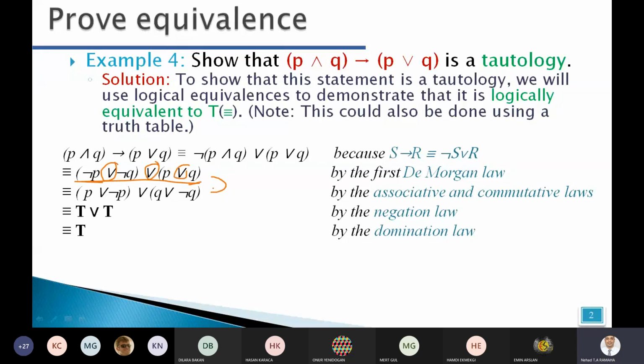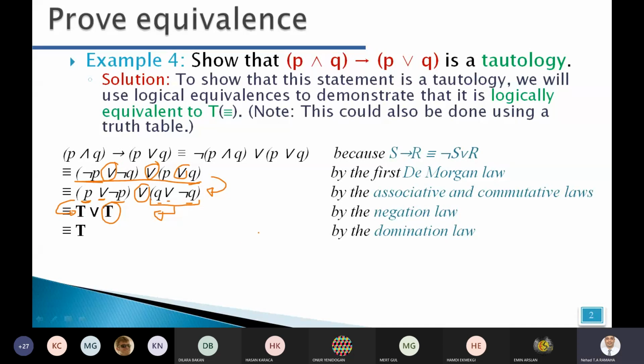So I put P with not P and Q with not Q. So I have P or not P or Q or not Q. Of course, you can remove the parentheses, but I need them to use the negation law: if I have Q or not Q, the result will be true. If I have P or not P, the result is always true.